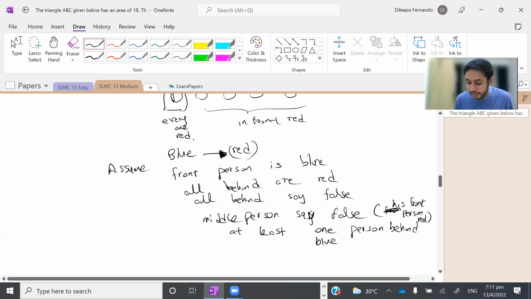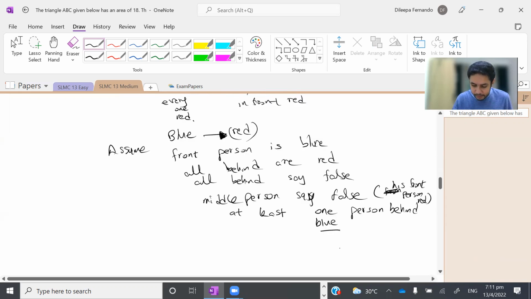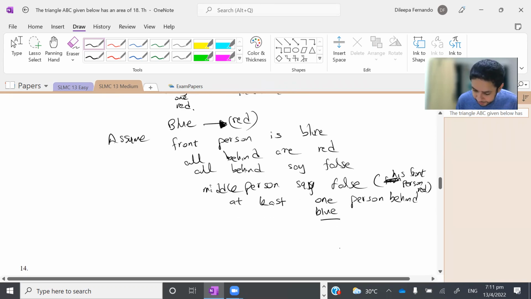It appears to be false. That means it becomes again blue. Can you see? So we started with all behind are red, and we arrived at there's at least one person who is blue because red people lie.